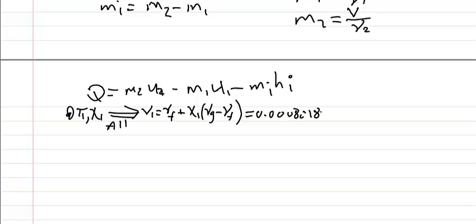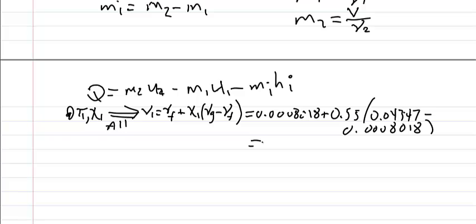VF is 0.0008018. The quality is 0.55. VG is 0.04347. So VG minus 0.0008018. And this then allows us to find the initial specific volume of 0.02427. And our units here are all cubic meters per kilogram.